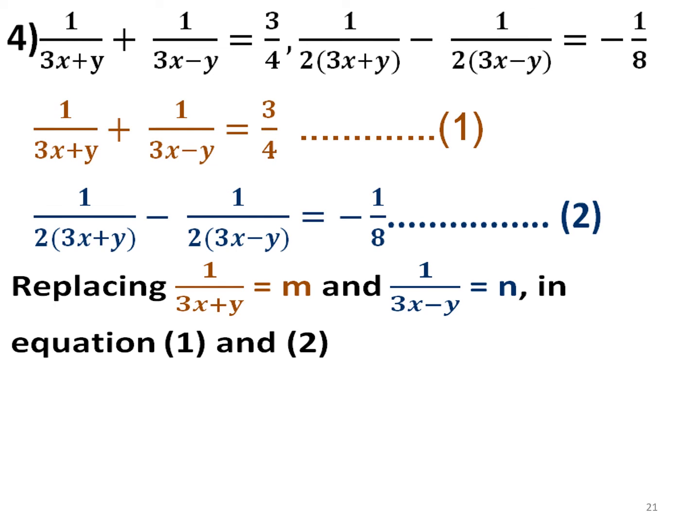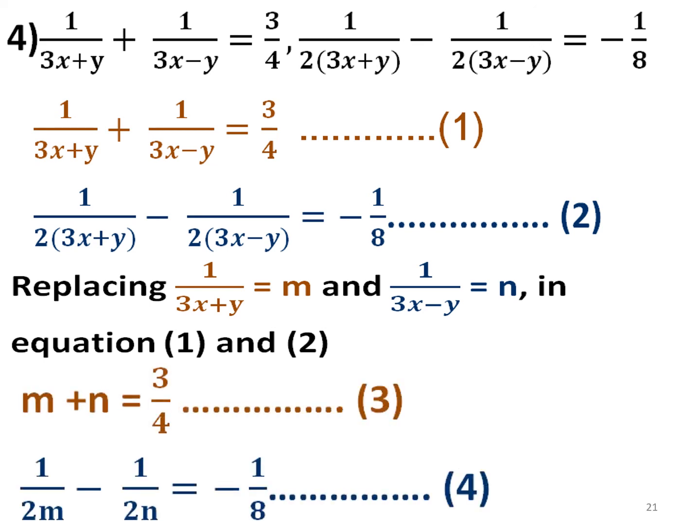Replacing 1 upon 3x plus y as m and 1 upon 3x minus y as n in my equations 1 and 2, my first equation goes as m plus n is equal to 3 upon 4. I give the equation numbering 3. The second equation can be written as 1 upon 2m minus 1 upon 2n is equal to minus 1 upon 8.